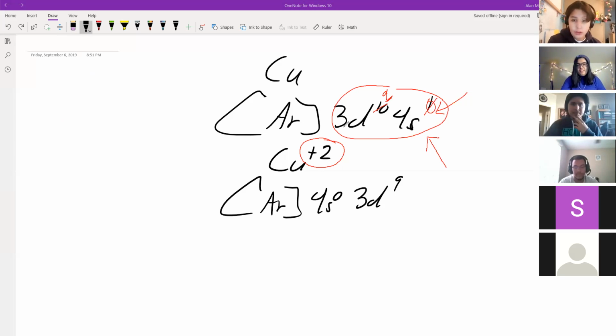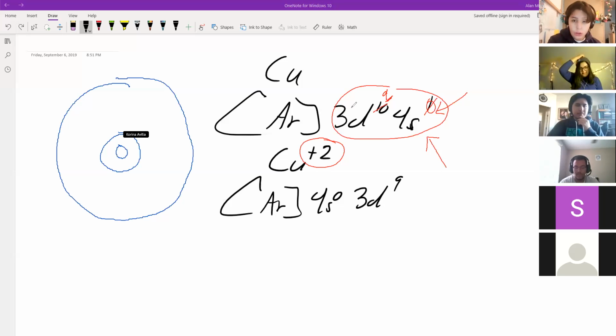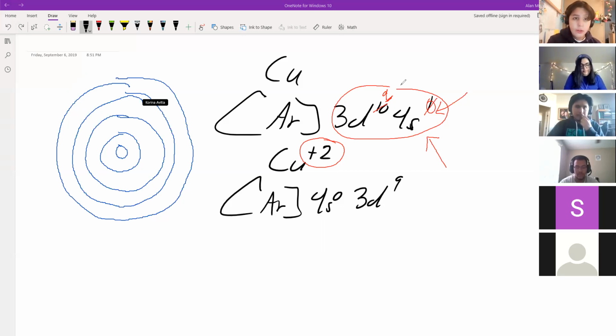Maybe a little visual example might help. For my students, I usually like to draw the whole atomic structure, so that it'll be a little bit more visual.